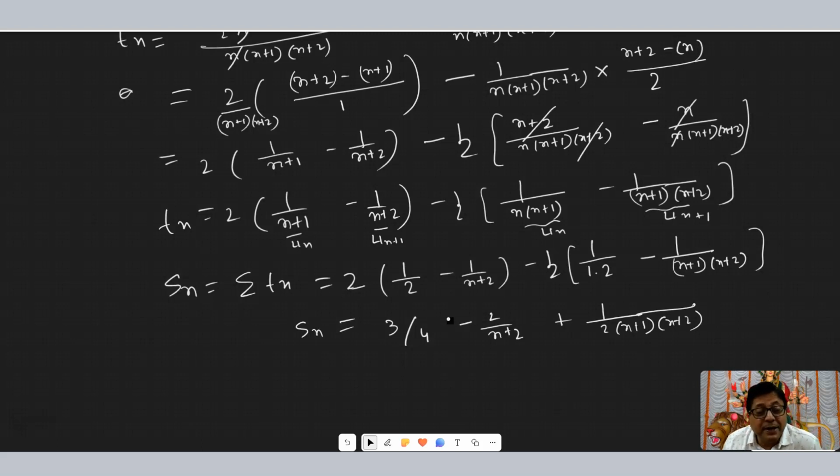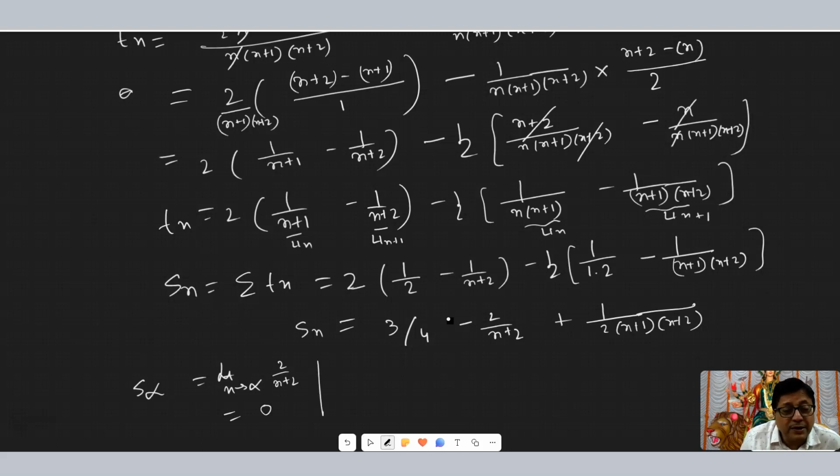Now if they have asked you to find the sum up to an infinite number of terms, you will write S infinity equal to limit n tending to infinity. Which one? 2 by n plus 2. If you put infinity in the denominator, it is a huge quantity, so it will be reduced to 0.